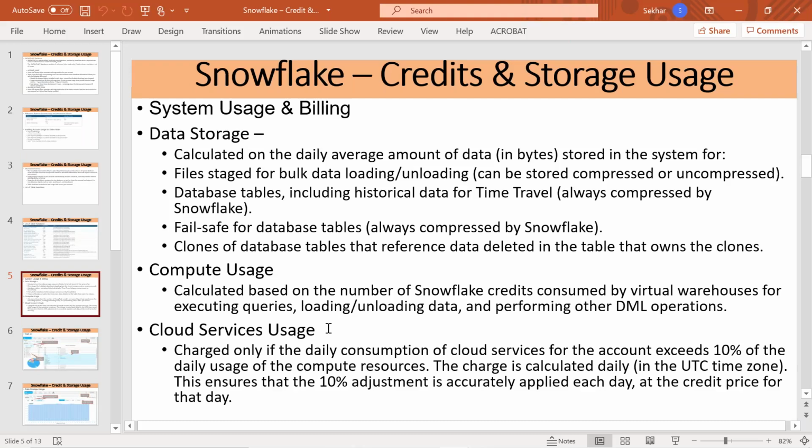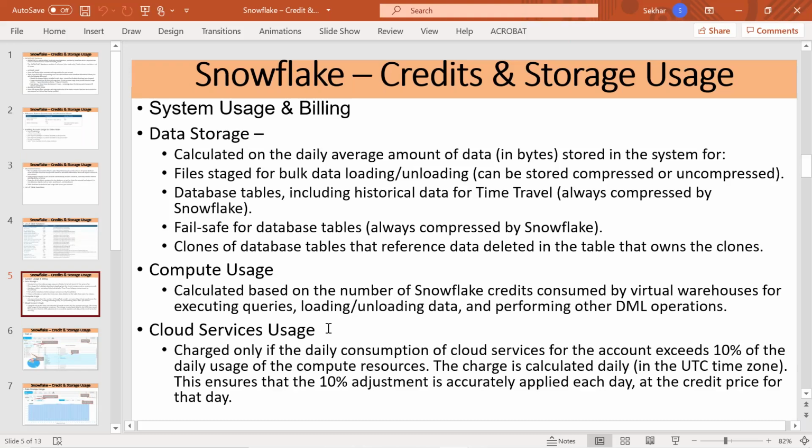Okay, cloud services usage. There is another thing called cloud services, where whenever you use create tables, any DDL statements, or any show commands, or use heavy result cache, these all use virtual warehouses from Snowflake, not our virtual warehouses, not the custom created virtual warehouses. People started using a lot of them, and then Snowflake identified it is spending too much money on its own virtual warehouses.